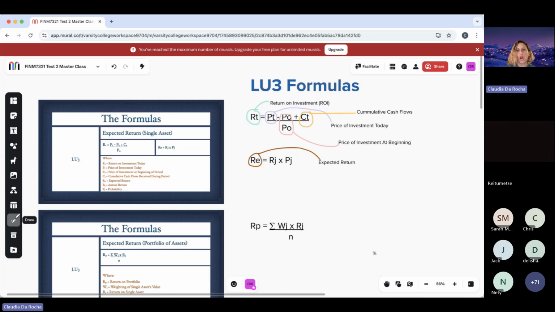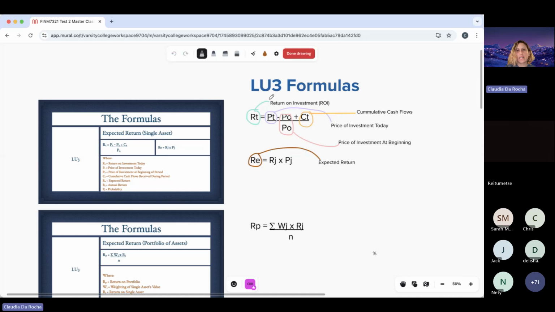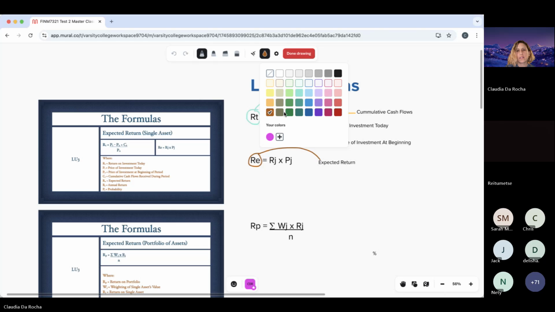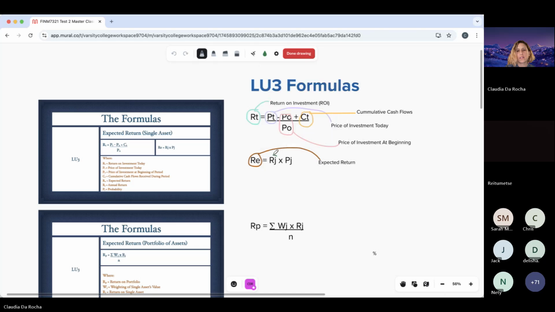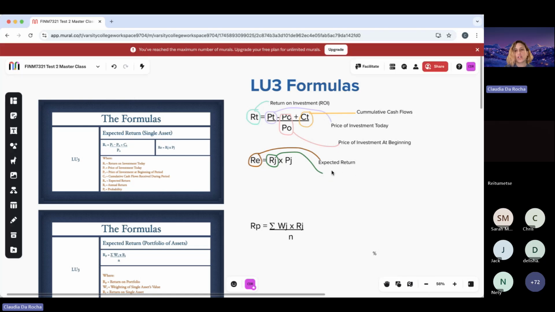We have our RJ, which is basically the return of the individual, or the individual, I would say, outcome. Okay, because they will obviously give you different outcomes.